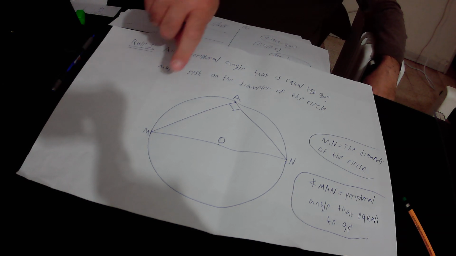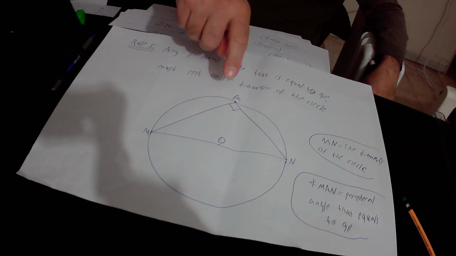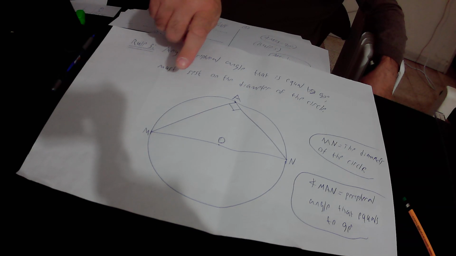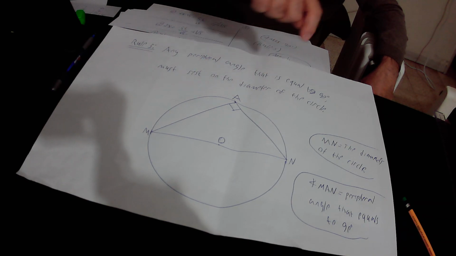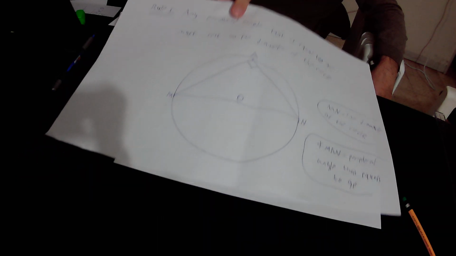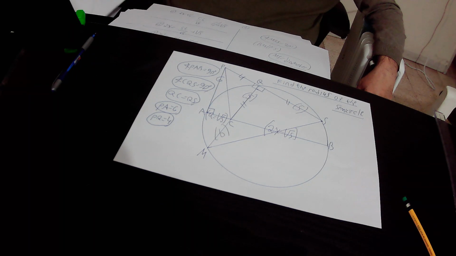Here we have peripheral angle MAN that is equal to 90 degrees, therefore this peripheral angle must rest on the diameter of the circle. Peripheral angle MAN rests on MN, therefore MN must be the diameter of the circle. We can implement rule number 5 in our drawing.